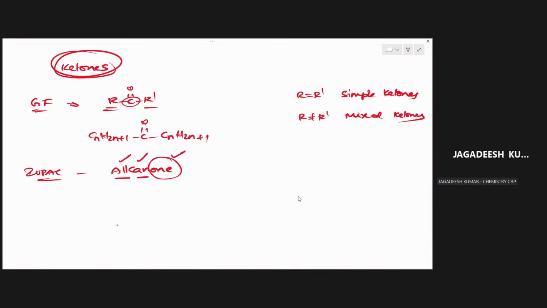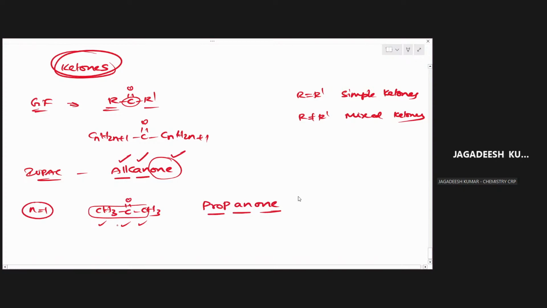Now I am giving one example. If for both alkyl groups I am taking n is equal to 1, so here CH3COCH3. Here a continuous carbon chain is present. So how many carbons? 1, 2, 3. So 3 carbons means what is the root word? Prop, anone, propanone.